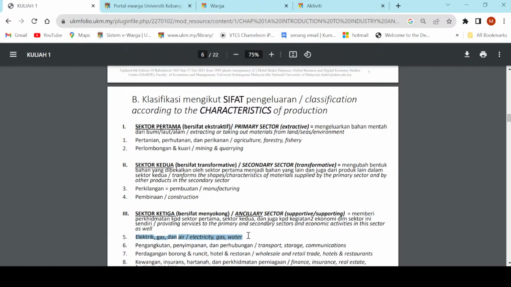It is an industry. The new name for electricity, gas, and water, the modern name, is utility.